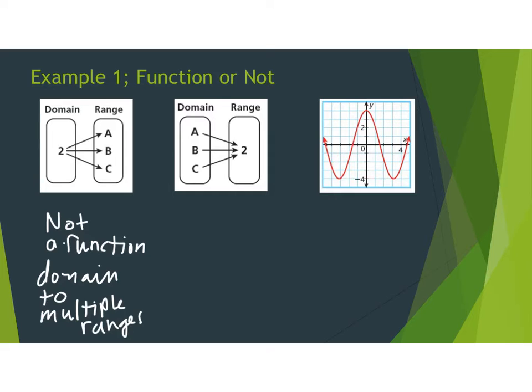The second one, in the domain, all three of them go to a range number. It doesn't matter that they all go to the same range, but one domain does not go to multiple ranges.